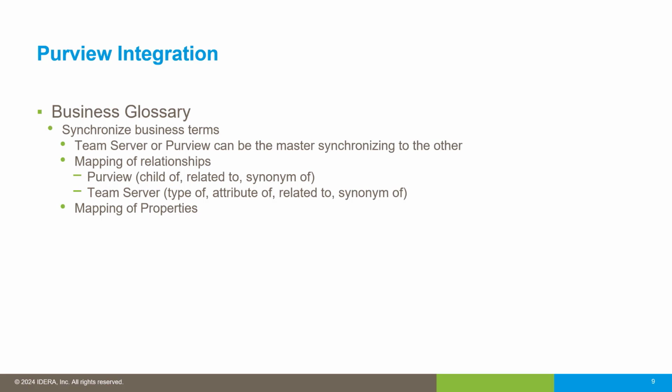And you can also choose which properties you map between the two tools. Both tools have a custom property system, and you can choose which properties map to what. And when you do the synchronization, only those properties are synchronized.